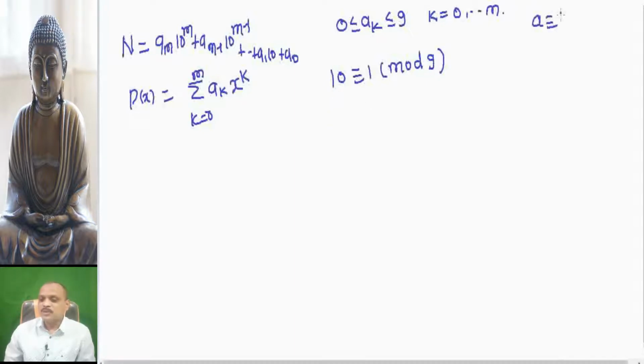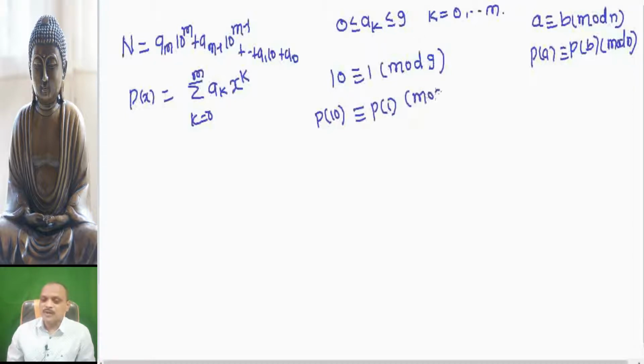Then we have proved that if a is congruent to b modulo n, then p of a is congruent to p of b modulo n. So here we can write p of 10 congruent to p of 1 modulo 9.